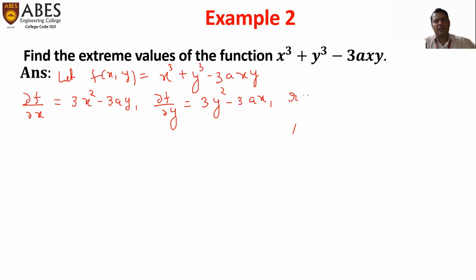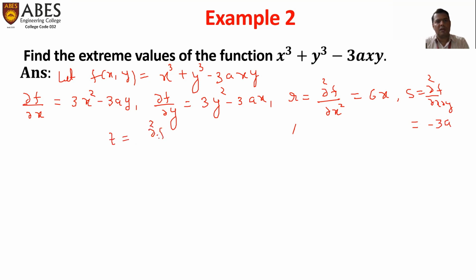Also we find the second order partial derivatives: r equals del square f over del x square, which is 6x; s equals del square f over del x del y, which is minus 3a; and t equals del square f over del y square, which is 6y.